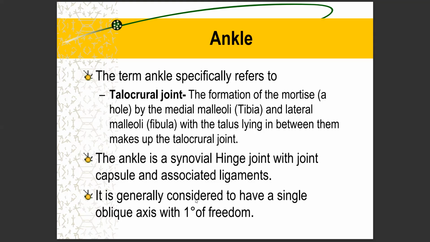It's generally considered to have a single oblique axis with 1 degree of freedom. 1 degree of freedom means it only permits movement in a single plane, the sagittal plane: dorsiflexion and plantar flexion. These 2 movements are the movements of the ankle joint.